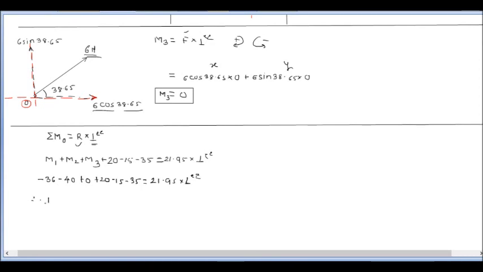So from these calculations we will get the perpendicular distance here. I am going to take this 21.95 into the division.